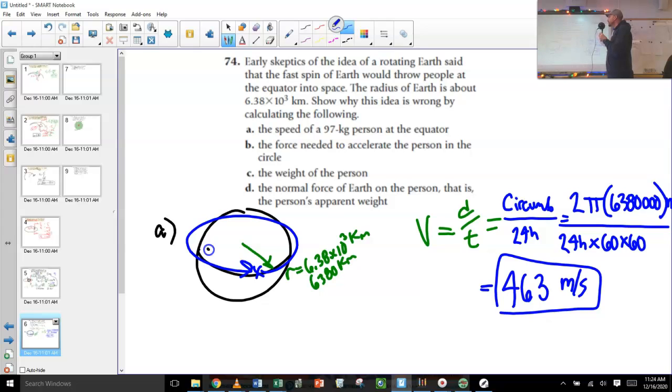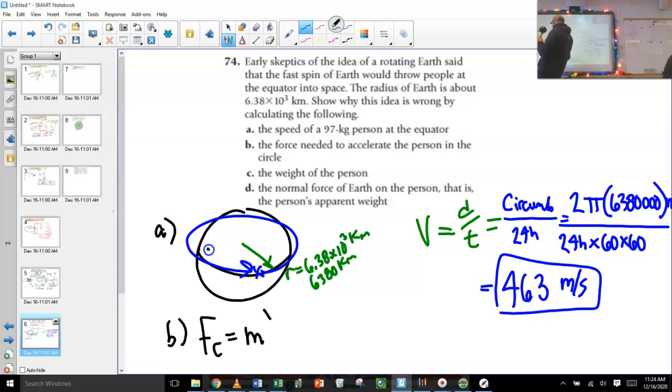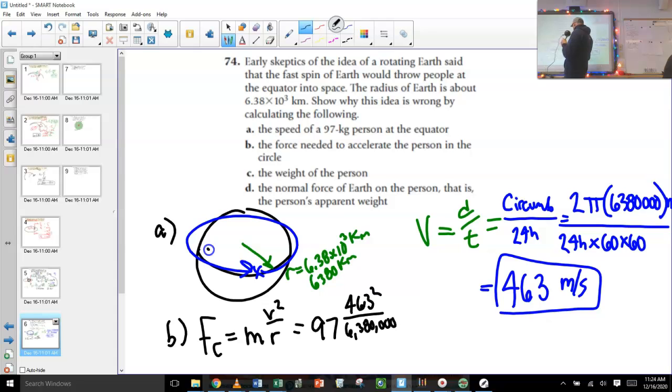Part B, what's the force needed to accelerate the person in the circle? So, the centripetal force is mass times velocity squared over the radius. My mass, a person, 97 kilograms. The velocity, 463 squared. The radius, again, 6,380,000.